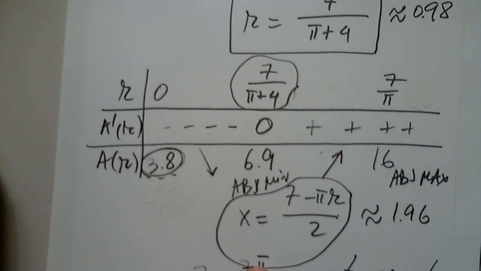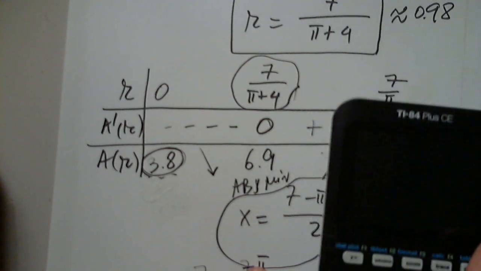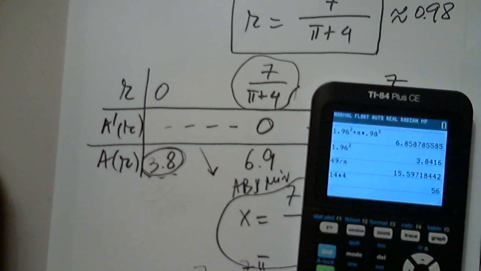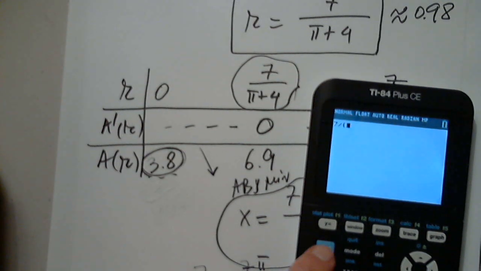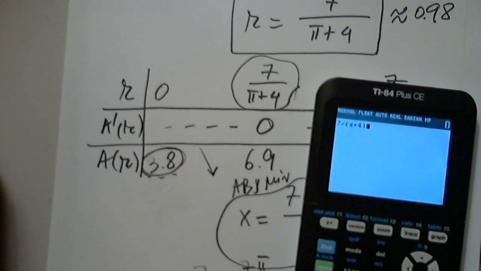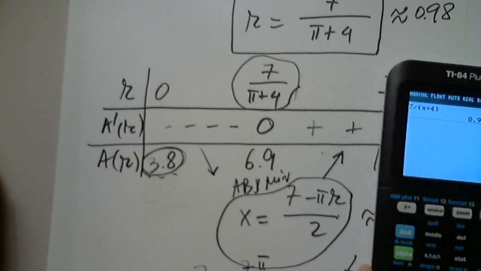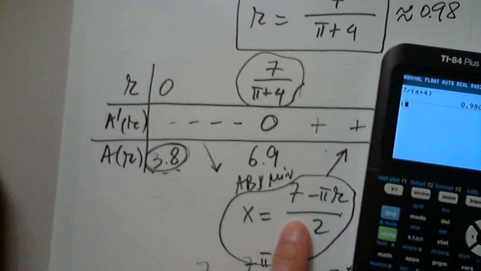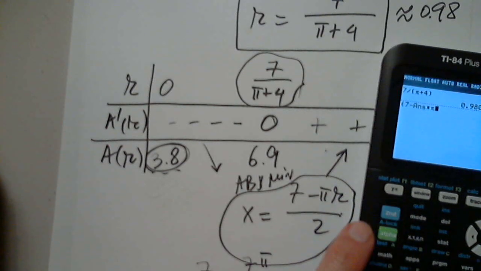I'm going to calculate my X again. So again, 7 divided by pi plus 4. That was correct. So now here, X, 7 minus that answer times pi, close, and divide by 2.